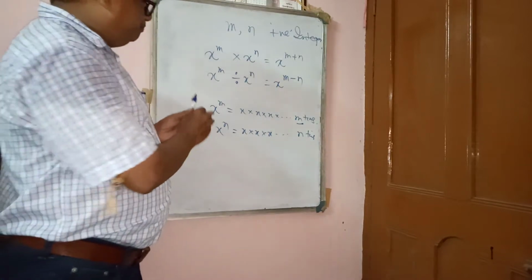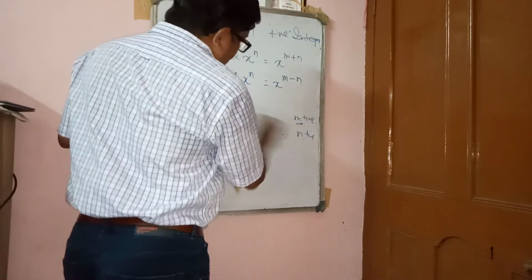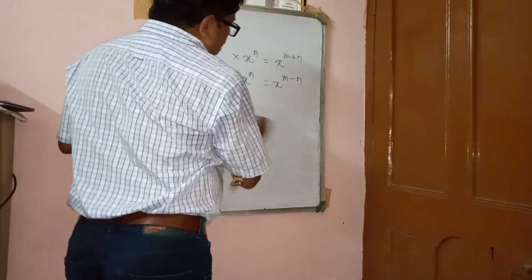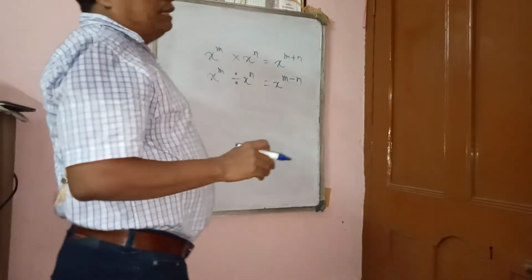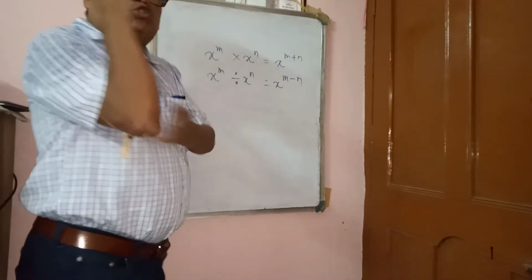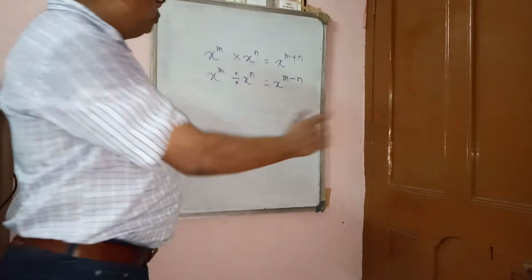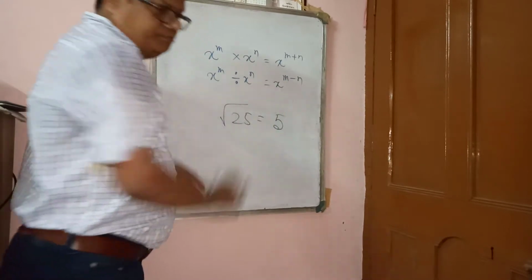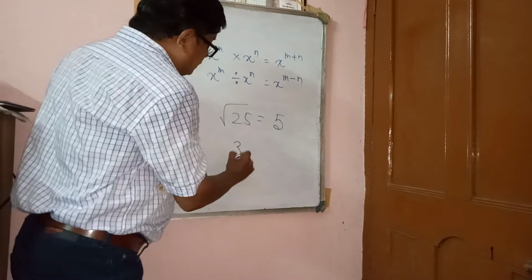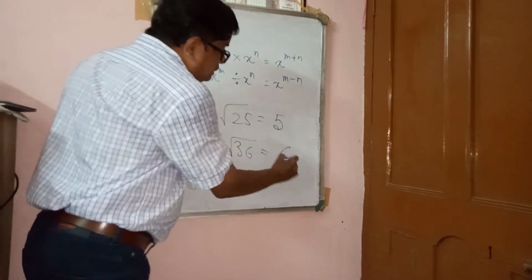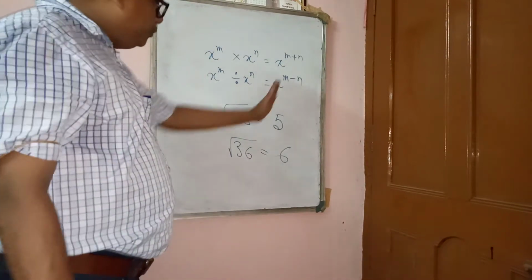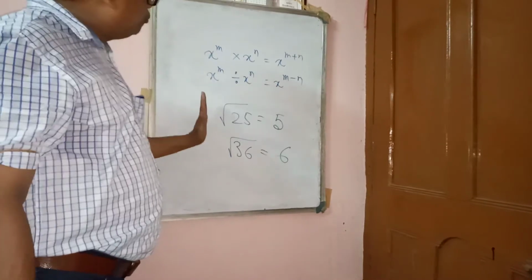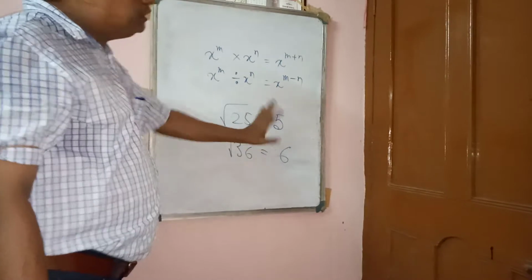Okay, now all of you know the square root. Suppose the square root of 25, all of you know it is 5. Suppose the square root of 36, all of you know it is 6. Here we are only considering the positive value; otherwise it would be plus or minus.